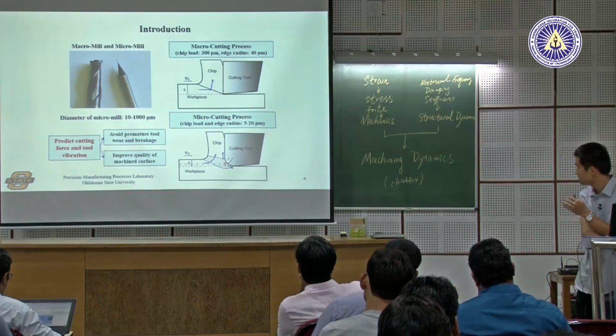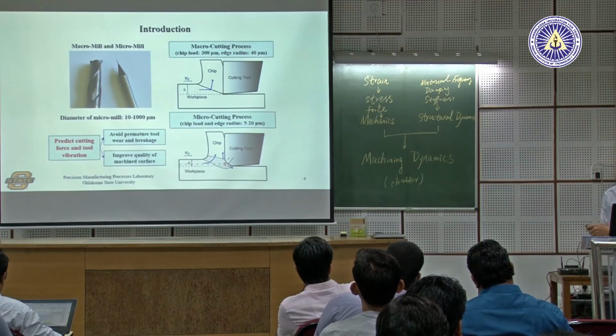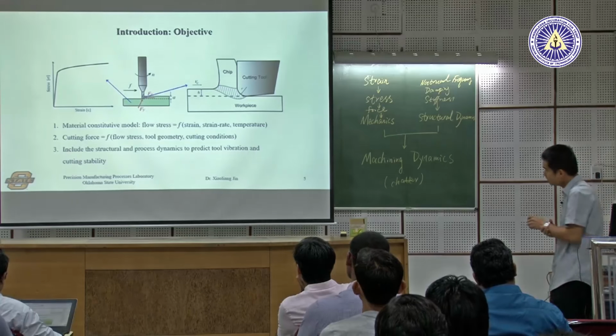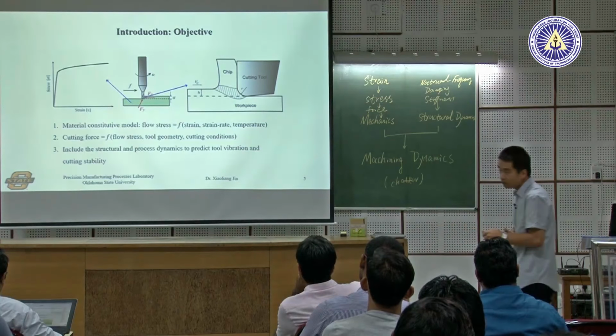Also, if you have any question, you can stop me anytime, so I can try to clarify. Okay. So then it brings us to the objective. Now we cannot use the classic mechanistic model or Merchant theory to predict the cutting force, right? So how do we do that?